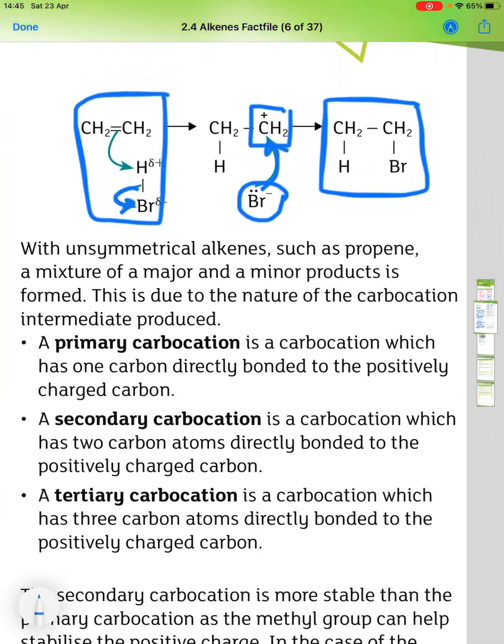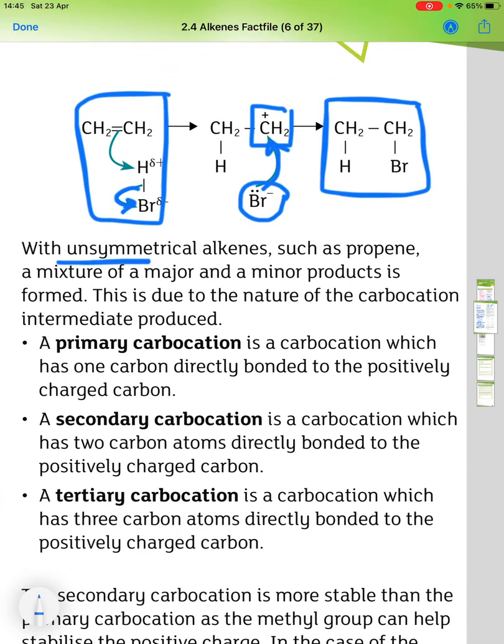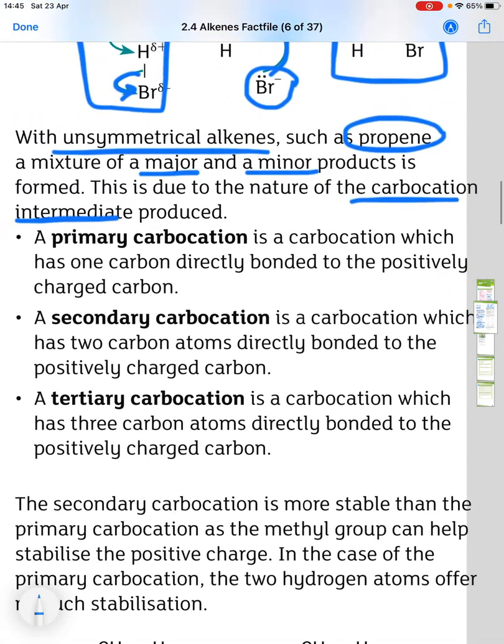So if you have unsymmetrical alkenes such as propene, a mixture of major and minor products is formed, and this is due to the nature of the carbocation intermediate produced. So we have three types. We have primary, which is a carbocation which has one carbon directly bonded to the positively charged carbon.